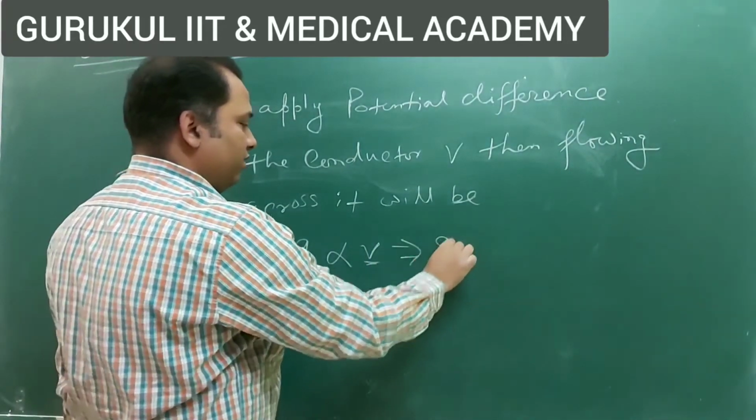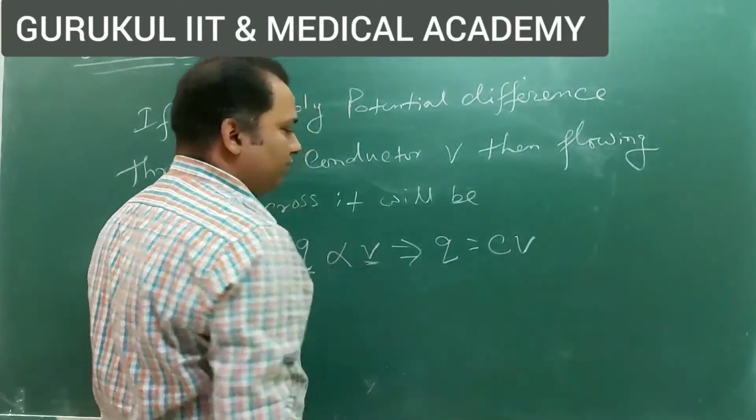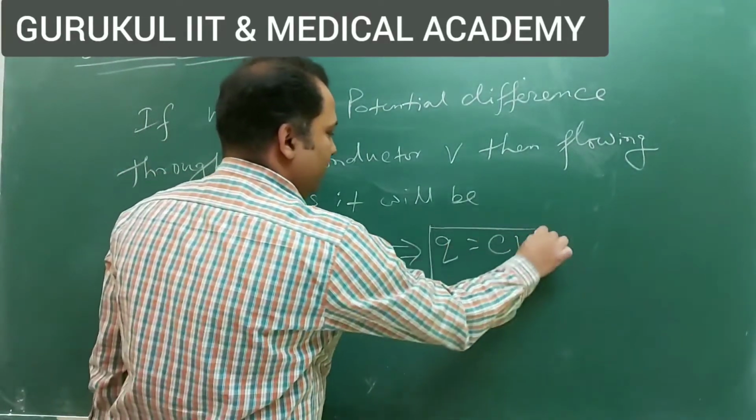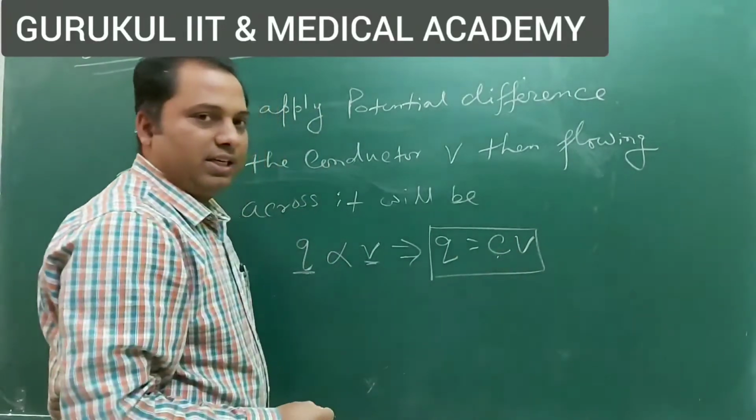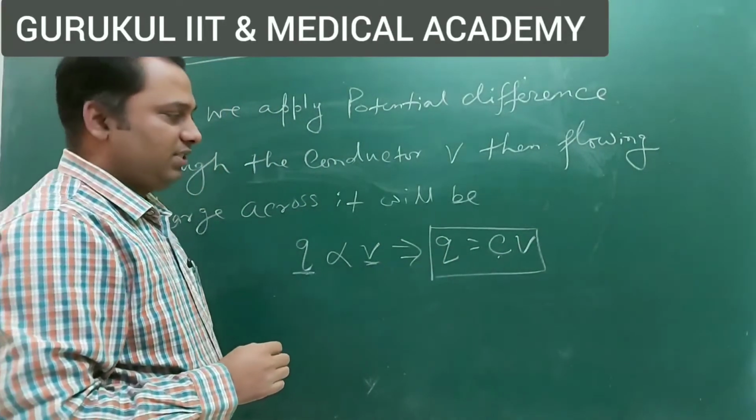You can write Q equal to CV. Got it? Okay. And this C is a constant and it is called capacitance.